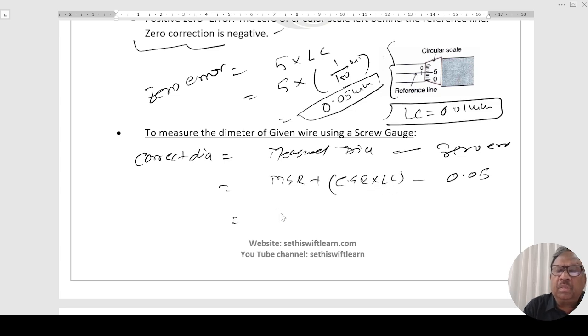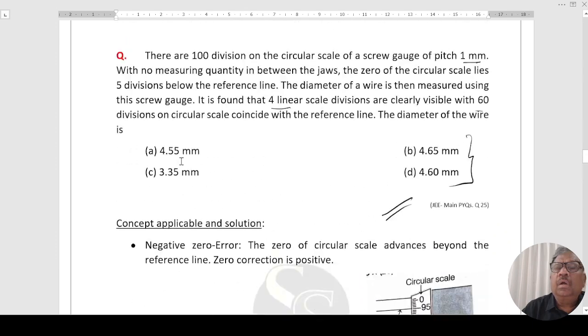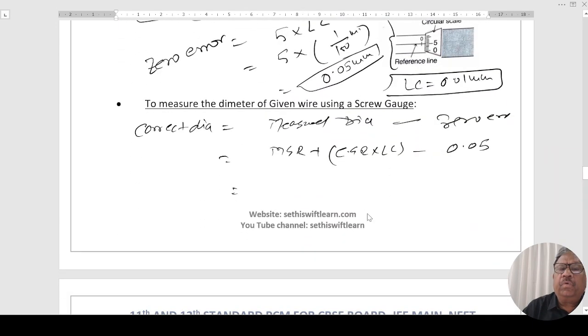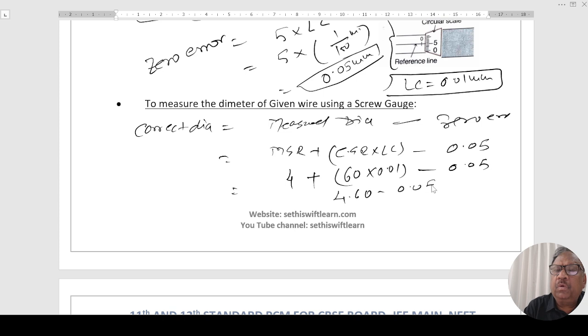On simplification, this is 4 plus 60 into 0.01 minus 0.05. 4.60 minus 0.05, that is 4.55 mm.